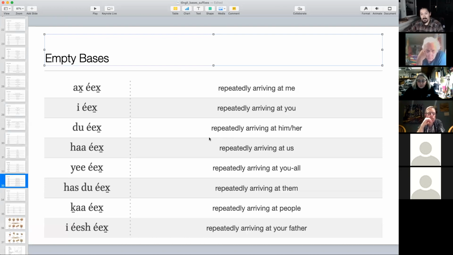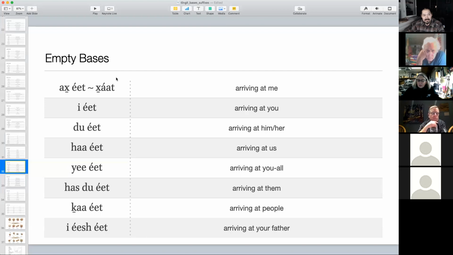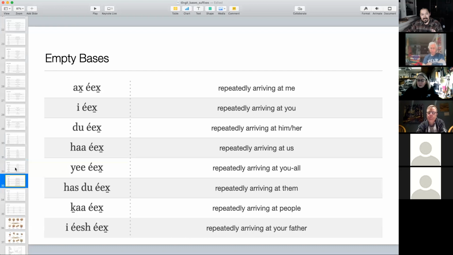No. In this case, this is the only one, and I'm not saying it can't, but this is the only one I've ever noticed, just the first person. In this case, you don't hear people say chach, so I don't think anything will contract in this case. They'll all stay as two separate words, right? Even though this one is made up of a base and a suffix.